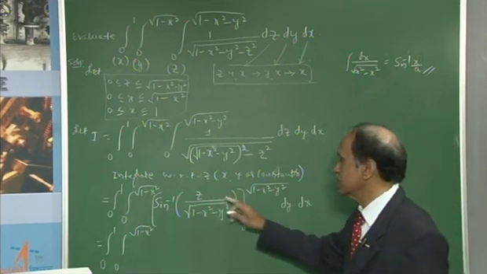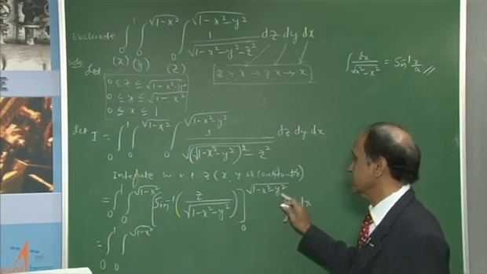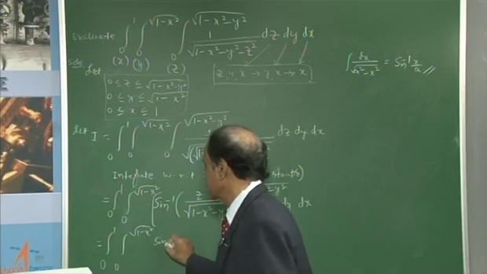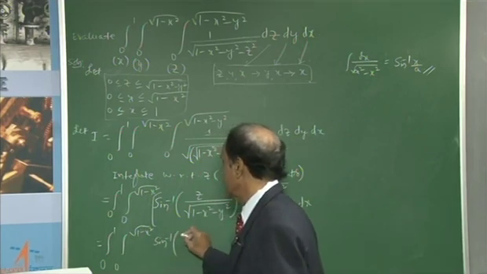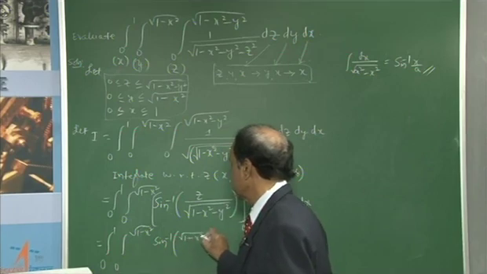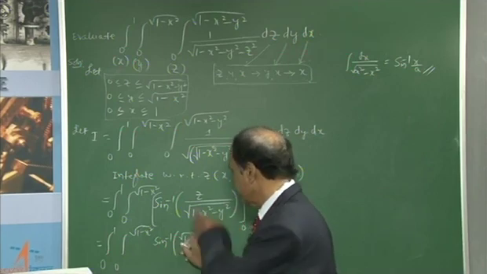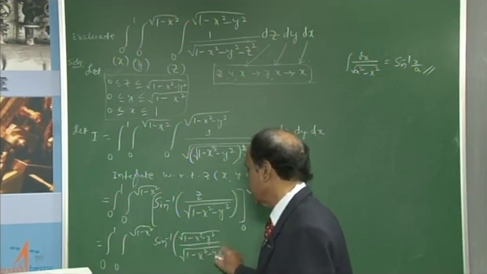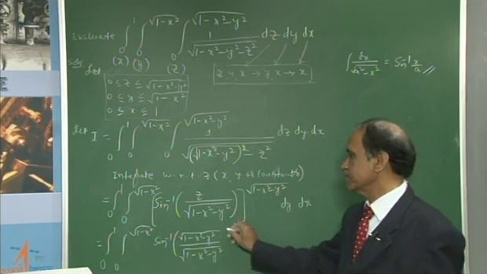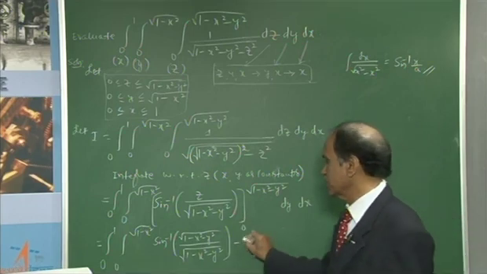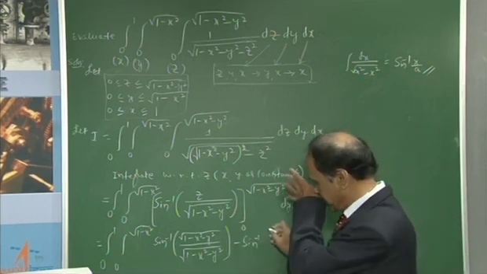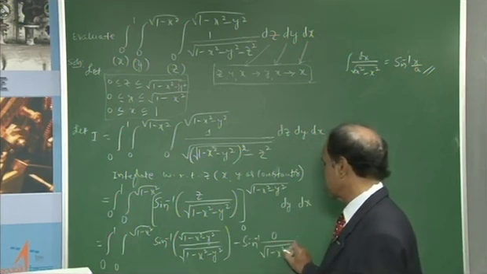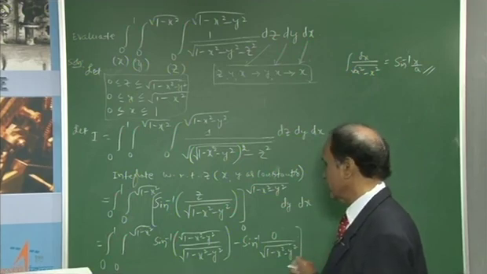The upper limit is square root of 1 minus x square minus y square, that is sine inverse of square root of 1 minus x square minus y square divided by square root of 1 minus x square minus y square, minus sine inverse of 0 divided by square root of 1 minus x square minus y square.